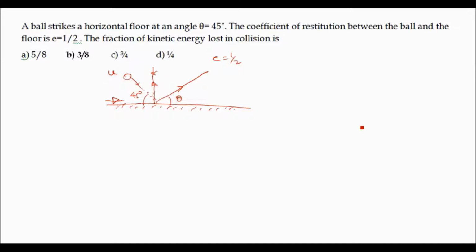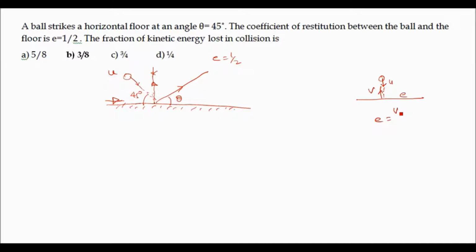I will just show it here. Suppose this ball moves with a velocity u, and after striking the ground it will return with some velocity v. So if the coefficient of restitution is e, then e is the velocity of separation divided by velocity of approach.